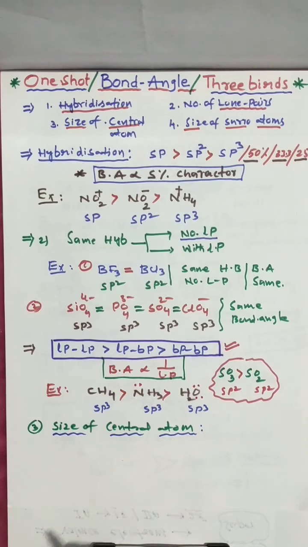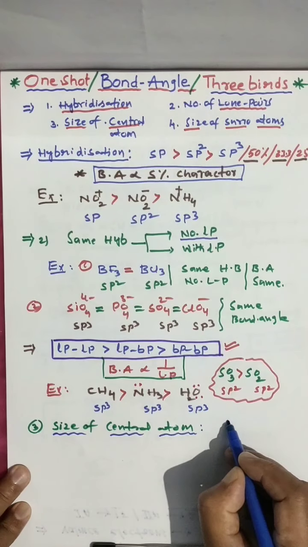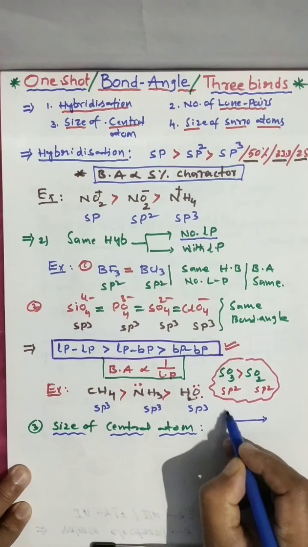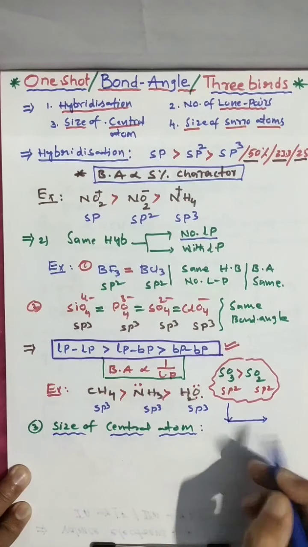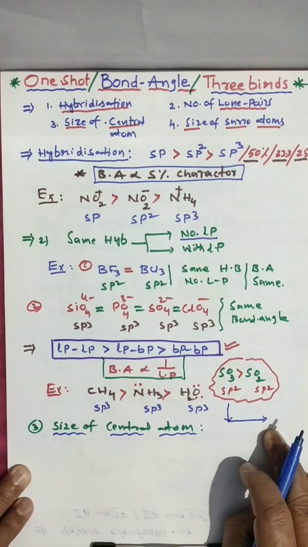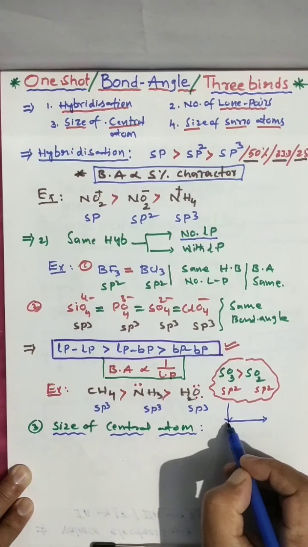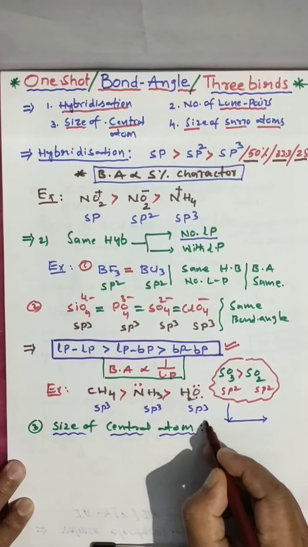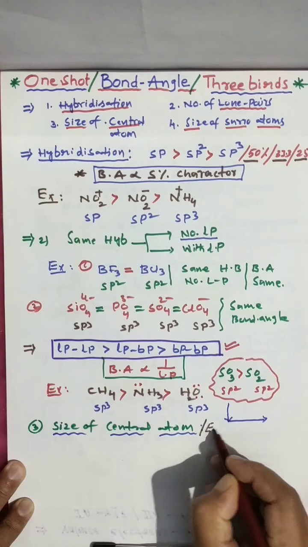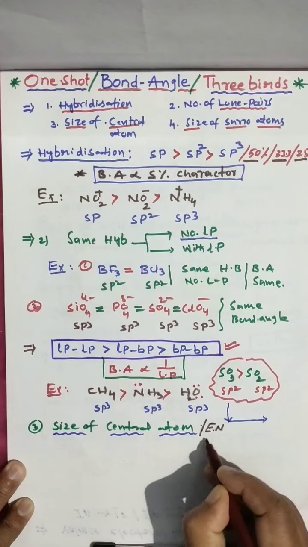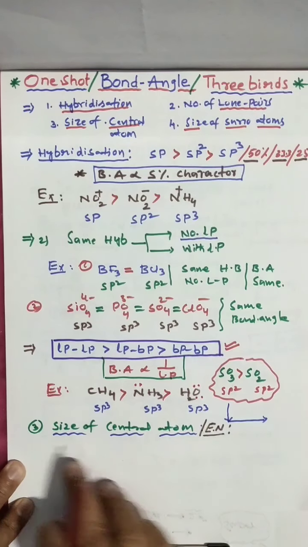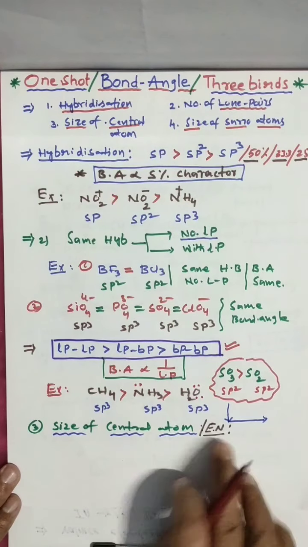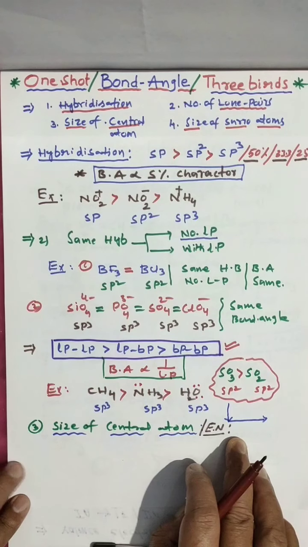You know, group and period. This is the period and this is the group. Left to right, size decreases. Down the group, size increases. And you can remember like this with electronegativity also. Size or electronegativity, both you can compare. Clear?